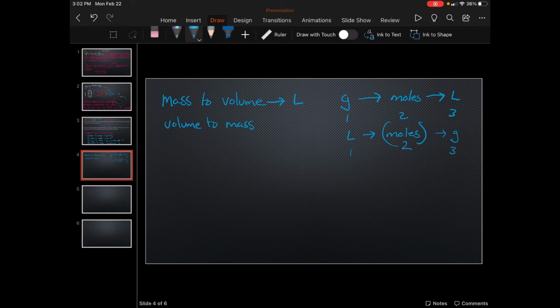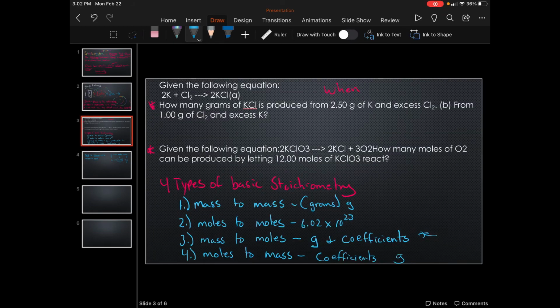You are relating how mass of a specific substance affects the volume, and how volume of a specific substance affects the mass of a specific substance. And then when you look here, you're seeing how the mass of a specific substance will affect the mass of another specific substance. So we see these general relationships that stoichiometry is going to help us to understand.